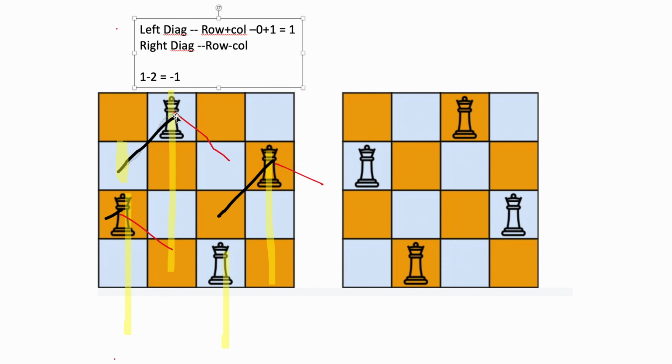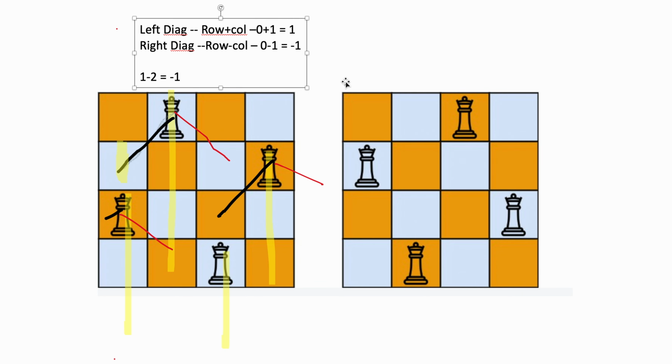And what's the original value? The first queen is present at row 0 and column 1. So it's 0 minus 1 equals minus 1. So these are the few things which we need to keep in mind when we are trying to place our queens.